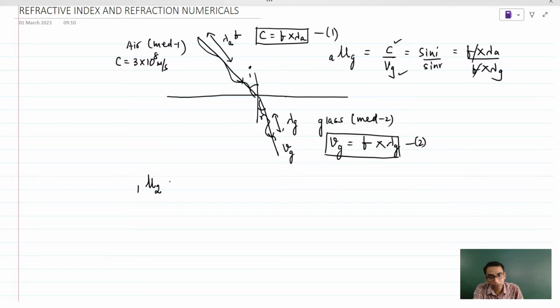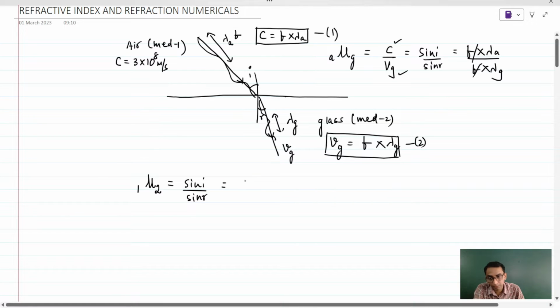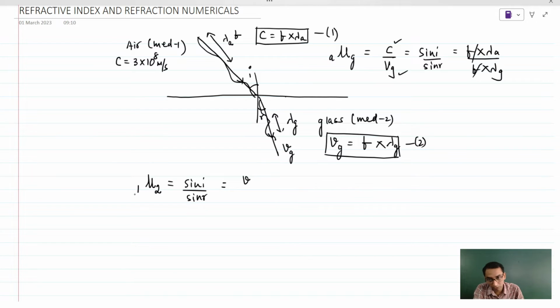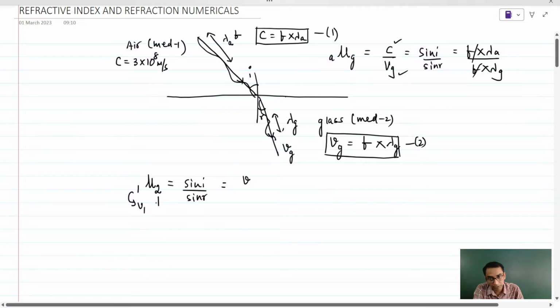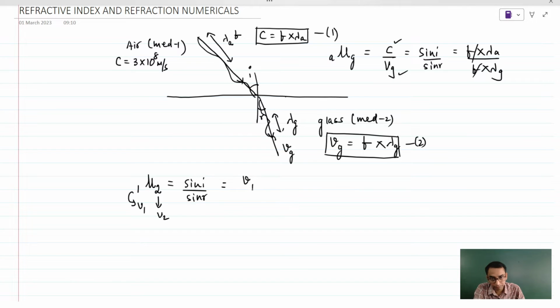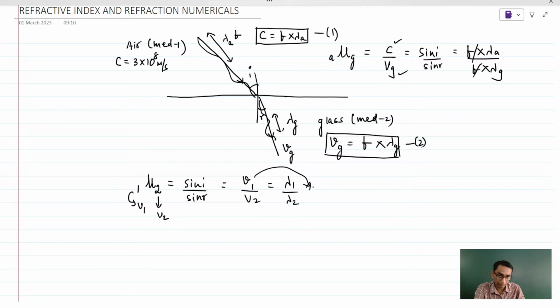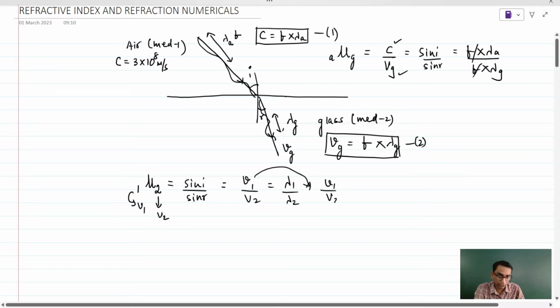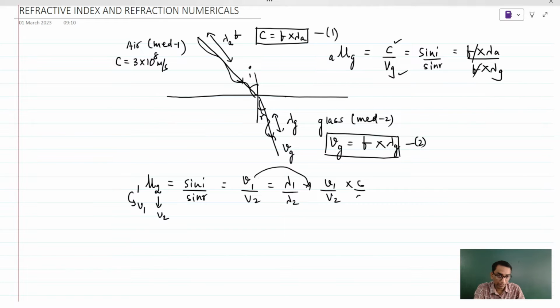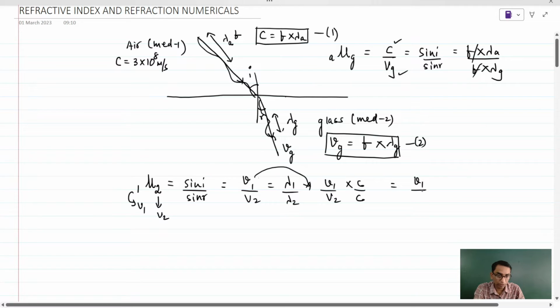Refractive index of medium 2 with respect to 1 is always equal to sin I upon sin R. That is equal to speed of light in medium 1, let me call the speed over here as v1, speed over here as v2, upon v2, and it is also lambda 1 upon lambda 2. But if I multiply up and down this v1 upon v2 by c, rearranging, it is v1 upon c times c upon v2.